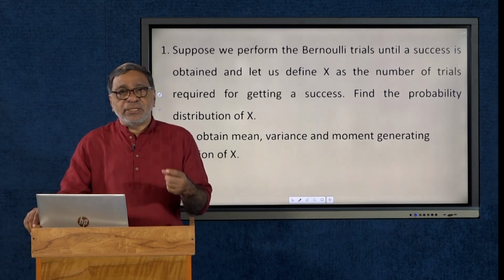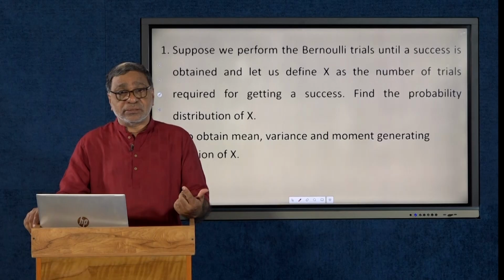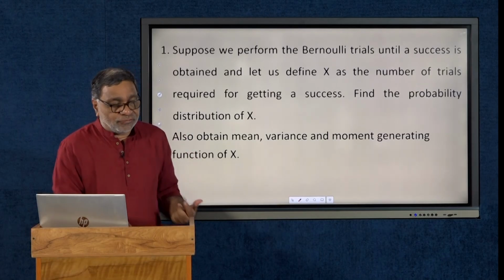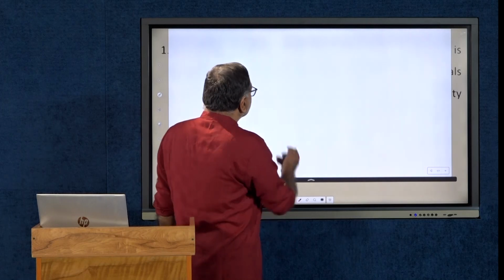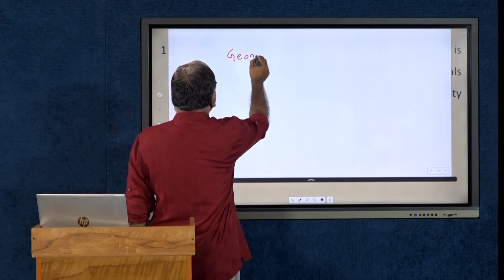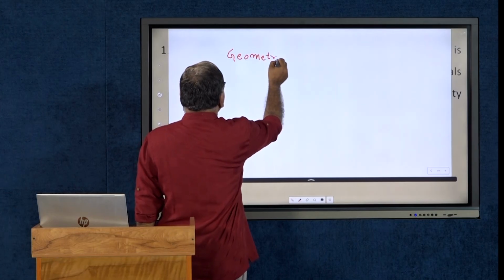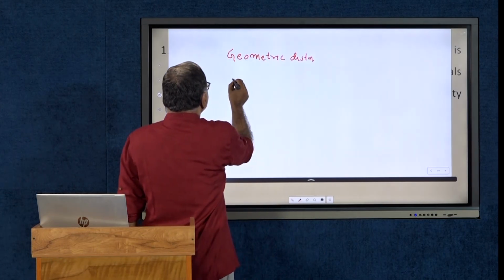So, the question here: we are defining a random variable x, that is the number of trials required for getting a success. See, in the case of geometric distribution, we have defined it already.